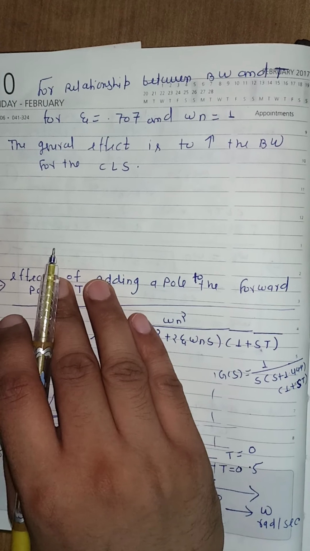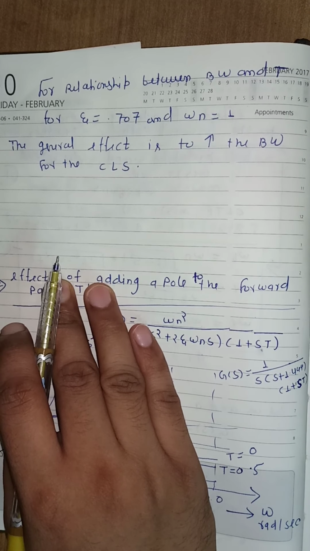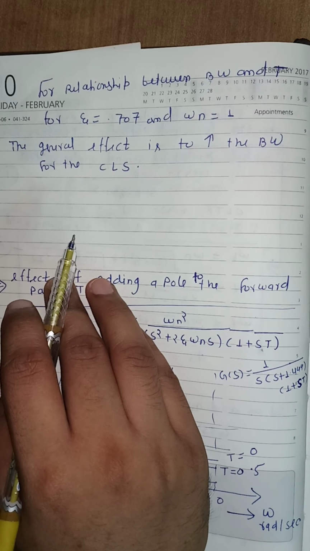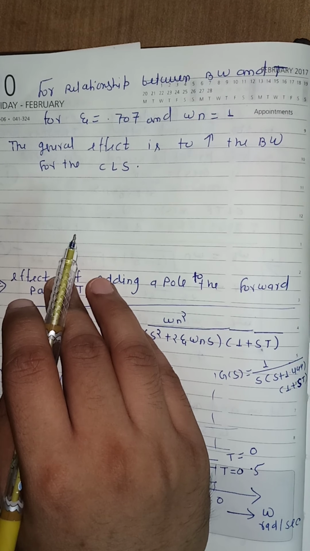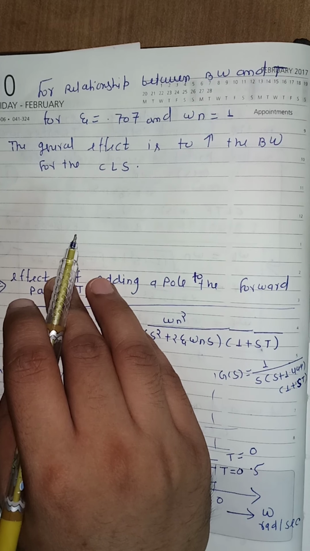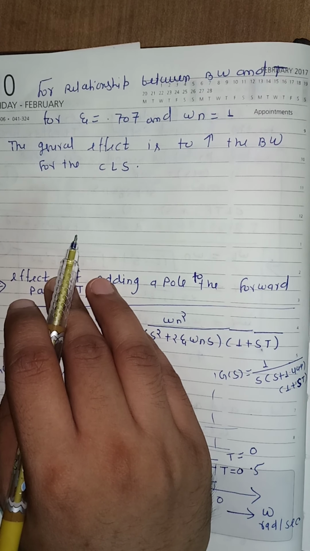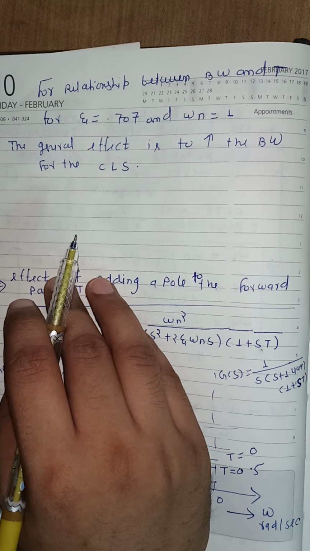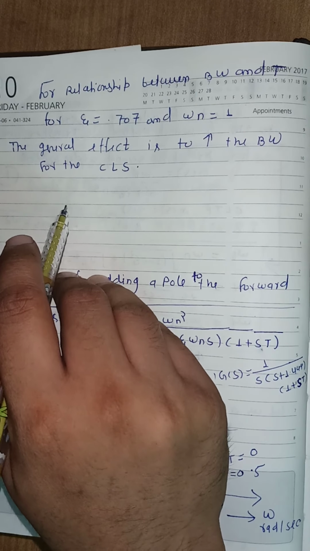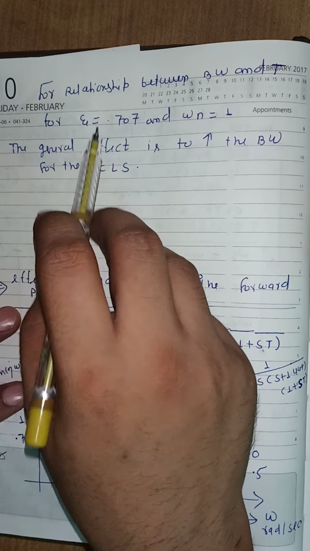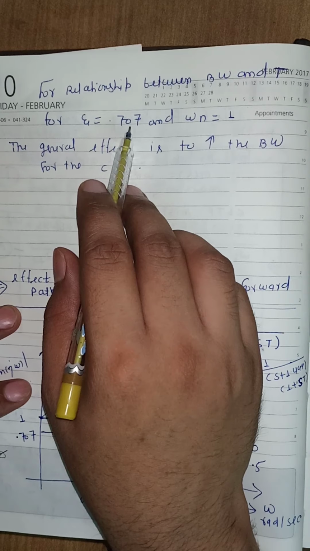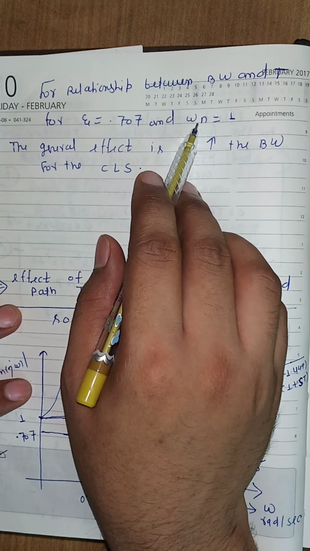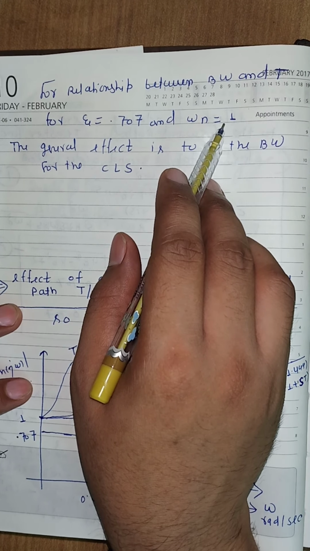So if we add a zero to the forward path transfer function, the bandwidth of the system will also increase. And here we are considering zeta equal to 0.707 and omega n equal to 1 radian per second.